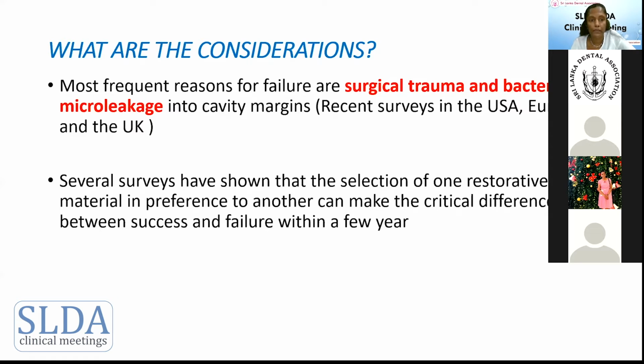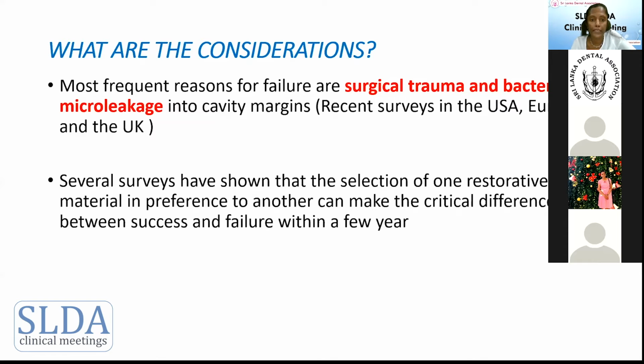Also, several surveys have shown that the selection of one restorative material in preference to another can make a critical difference between success and failure within a few years. We have seen in practice that sometimes practitioners postpone the coronal restoration after pulp therapy.